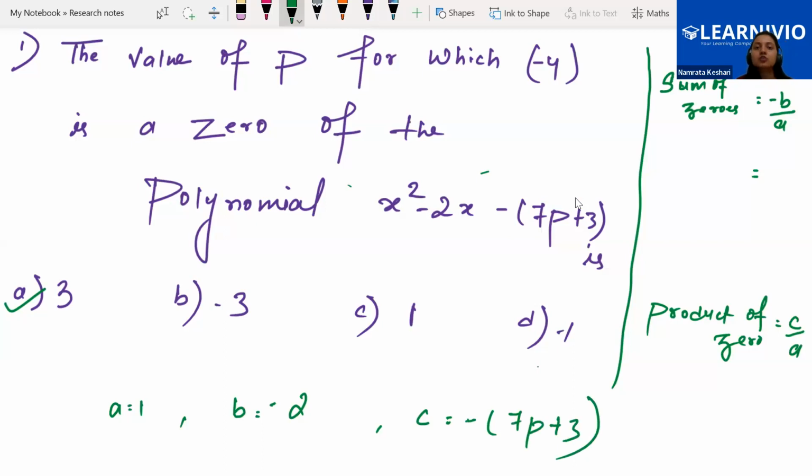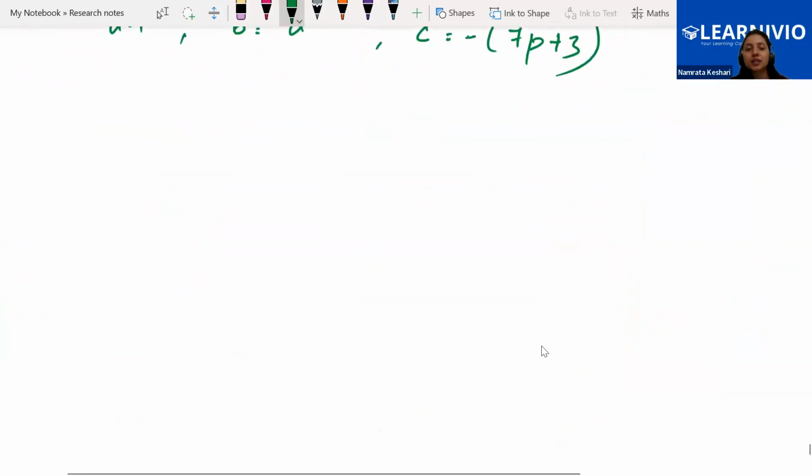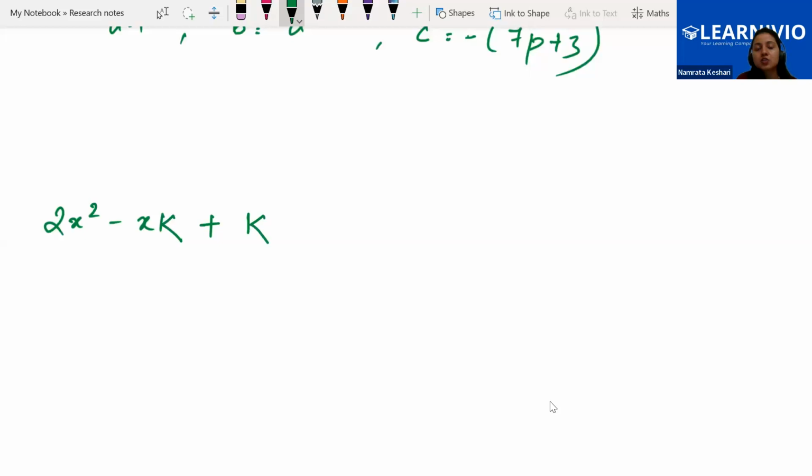Let me explain how to identify A, B and C. Suppose we have 2x square minus x into k plus k square minus 20 equals 0.